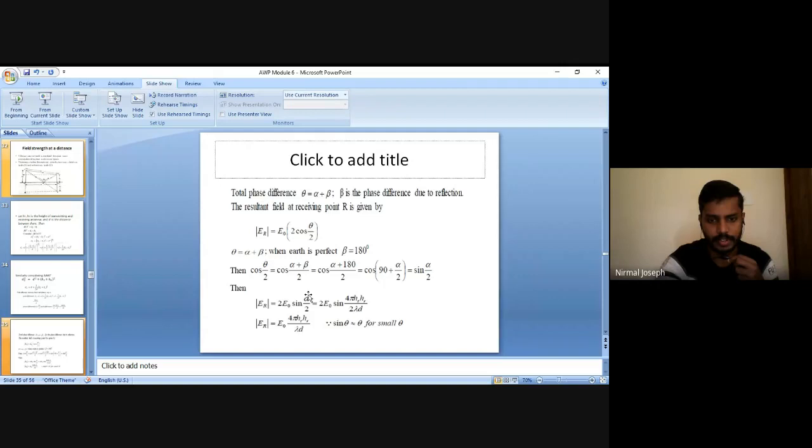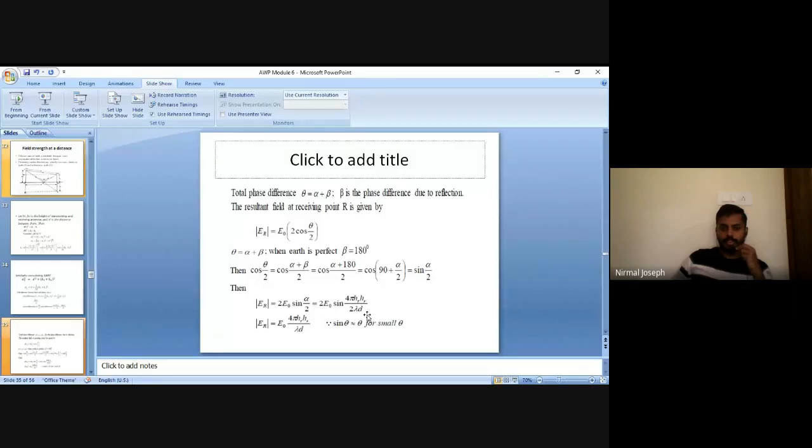Alpha we have already calculated, so just substituting that alpha here, you will get 2 E naught sin of 4 pi ht hr divided by 2 lambda d. And again we are taking one assumption here: that theta is small. It is not an assumption, that is reality, because d and lambda will be larger compared to ht and hr, so the value inside that sine will be very small.